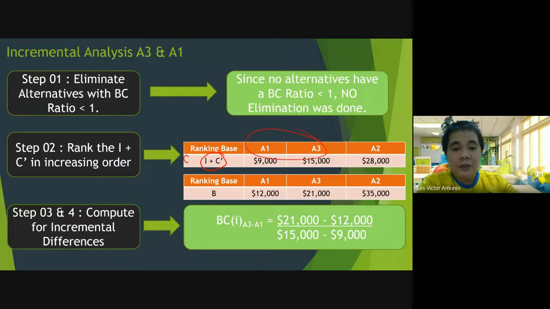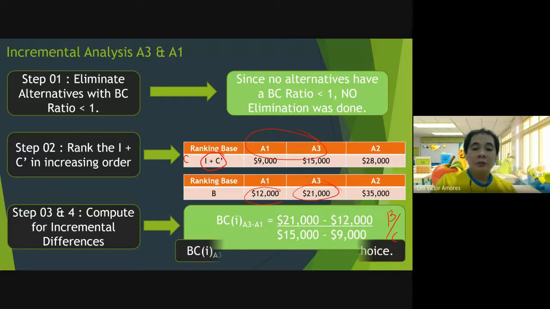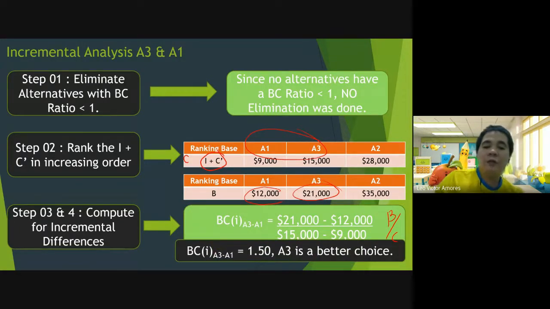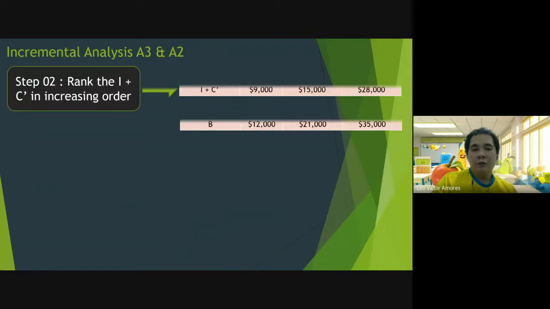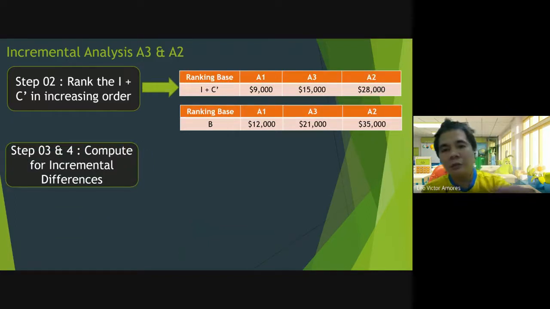That is A3 minus A1, therefore 21,000 minus 12,000 over 15. This is your B over C, the same formula, but the basis is the difference of the two. By getting the value of 1.50, therefore, A3 is better than your A1. So A1 is eliminated.